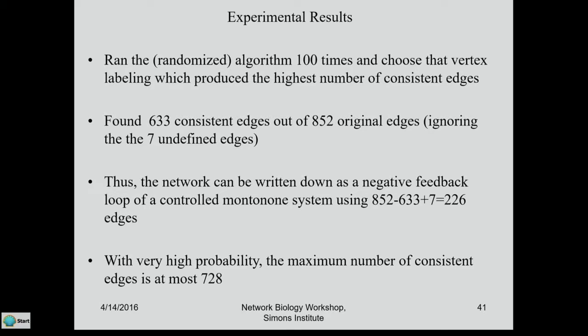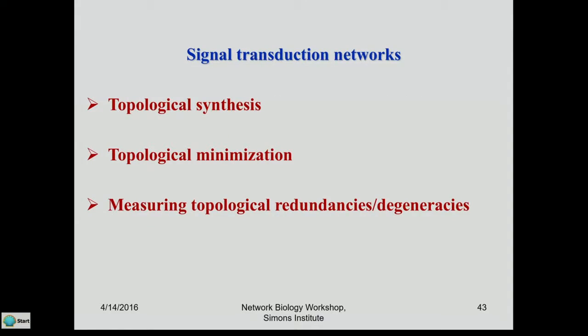It's not really very close to monotone, at least with respect to this algorithm. The question is whether this 633 is low because the algorithm was bad, or maybe it can be made even better. What we can say, because of the performance of the algorithm, is that with very high probability the actual number of consistent edges will be at most 728. So how close to 728 can we get?